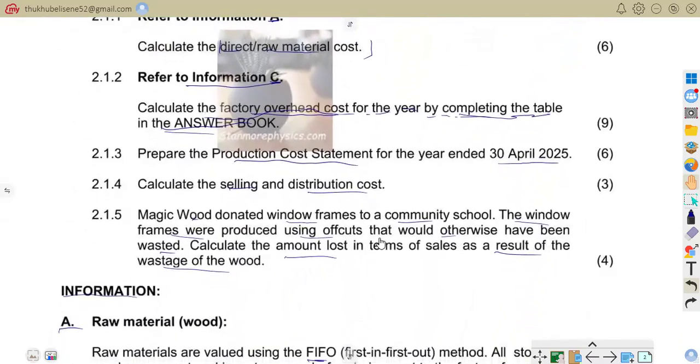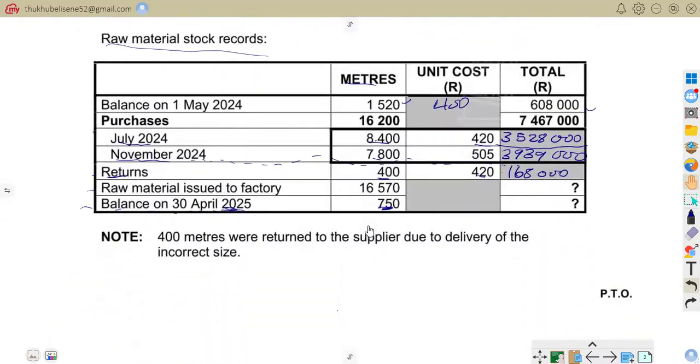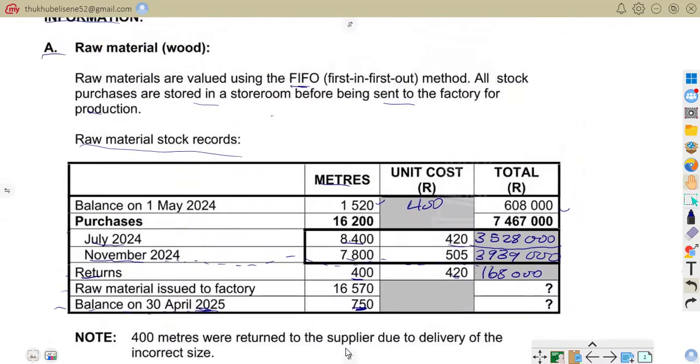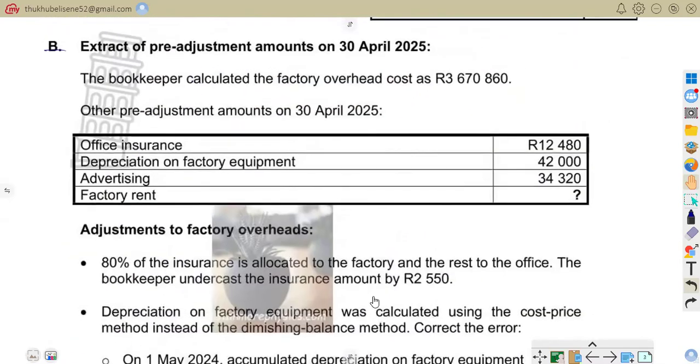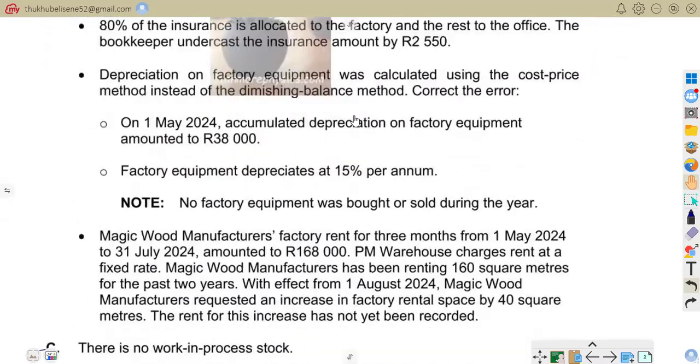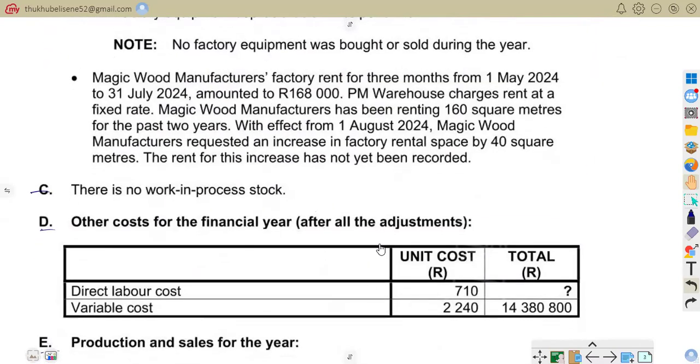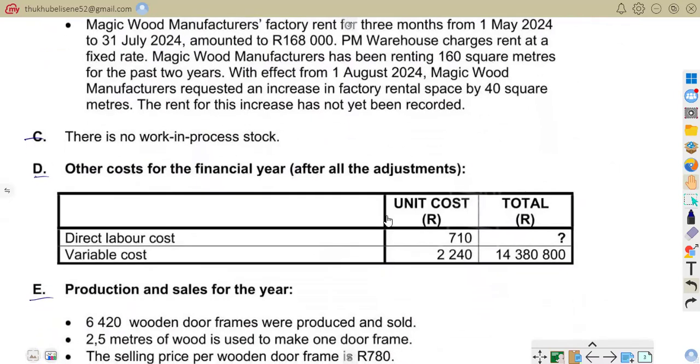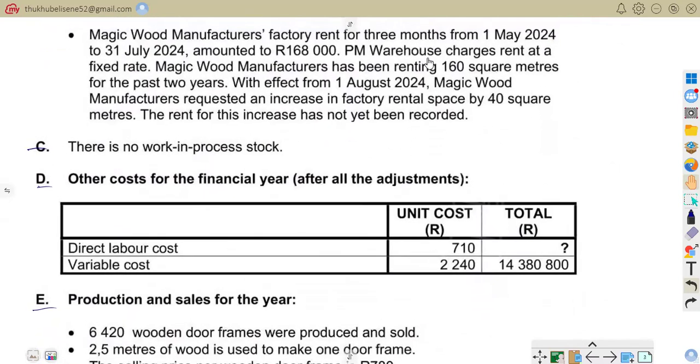So let us go to information C because we are asked to use information C. Here is our information C, where it says there is no work in progress in stock.